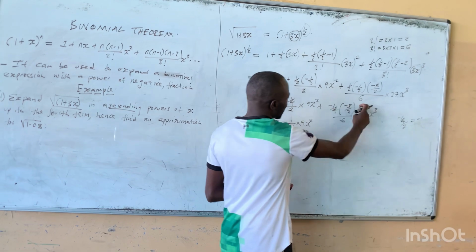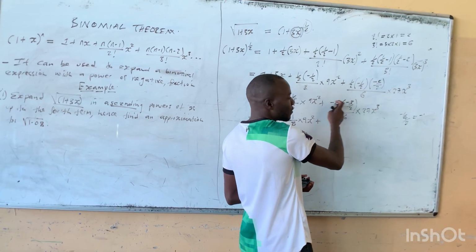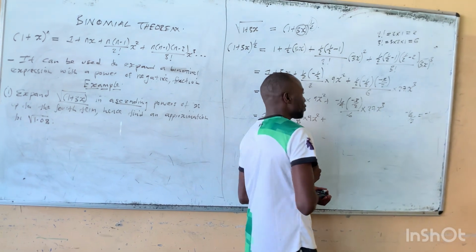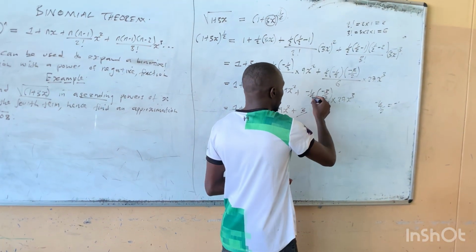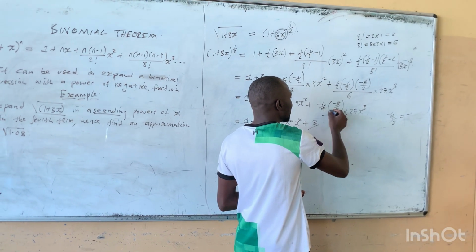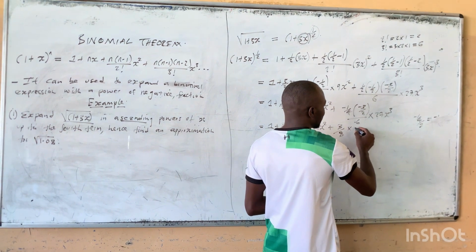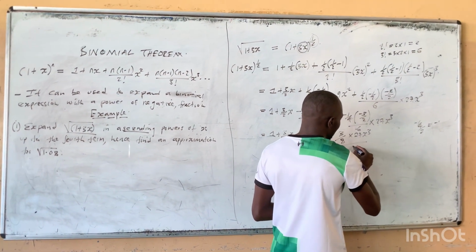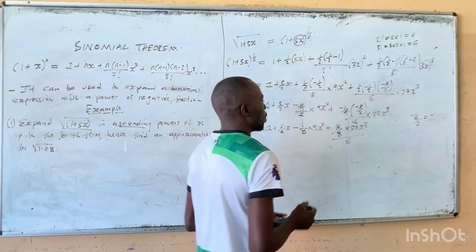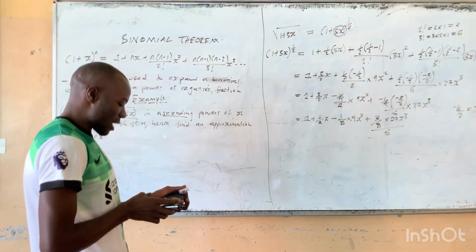Then what happens when you multiply those? Negative times negative gives positive. So 1 times 3 is 3, over 4 times 2 which is 8, then times 27x to the power 3. Everything is divided by 6.